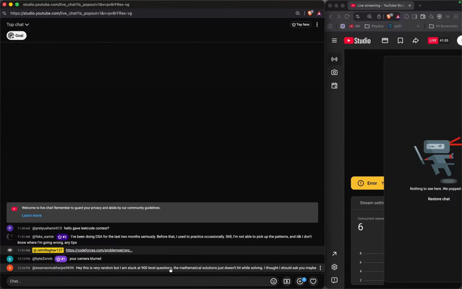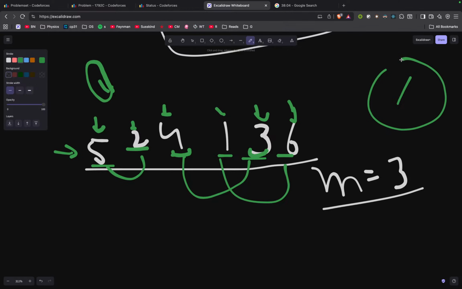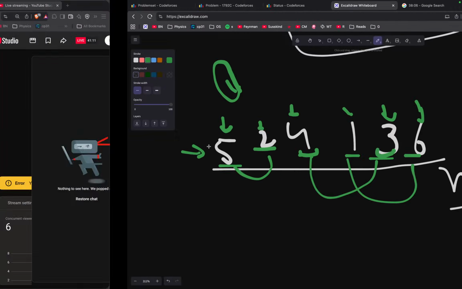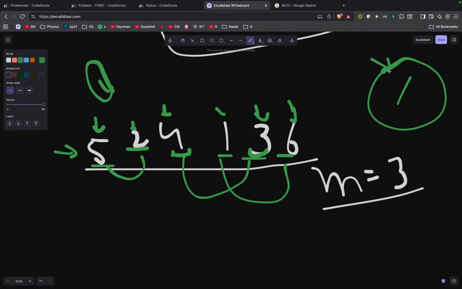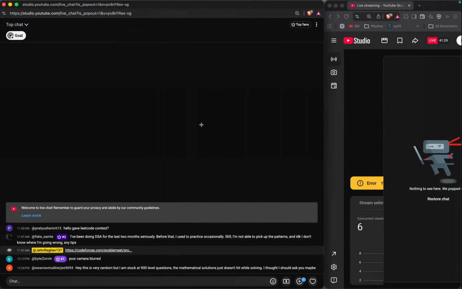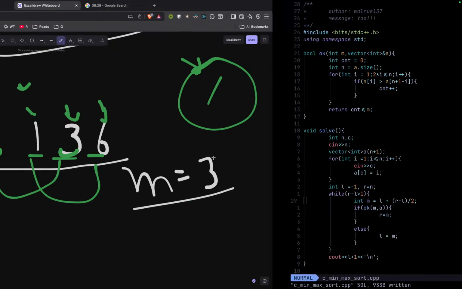Most of the things required at a lower rating are random observations and instincts, which will only develop after solving a bunch of problems. There is no other way to get there. Just keep solving random questions. That is the only thing you can do at that rating. I also get stuck. People always get stuck at lower rated problems. That just happens.